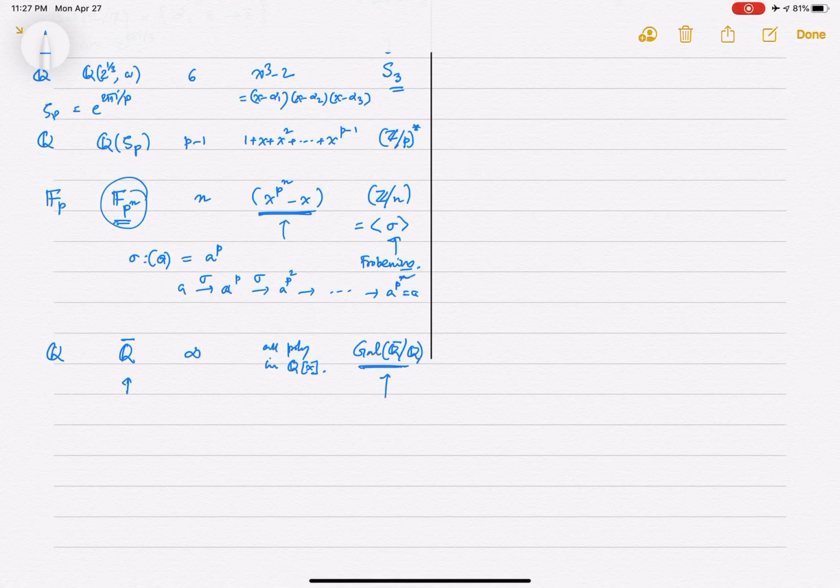Some of the deepest problems in number theory are related to understanding properties of this Galois group. It plays absolutely a central role. So you can morally think of this as the set of symmetries of all roots of all these rational or integer coefficient polynomial equations.